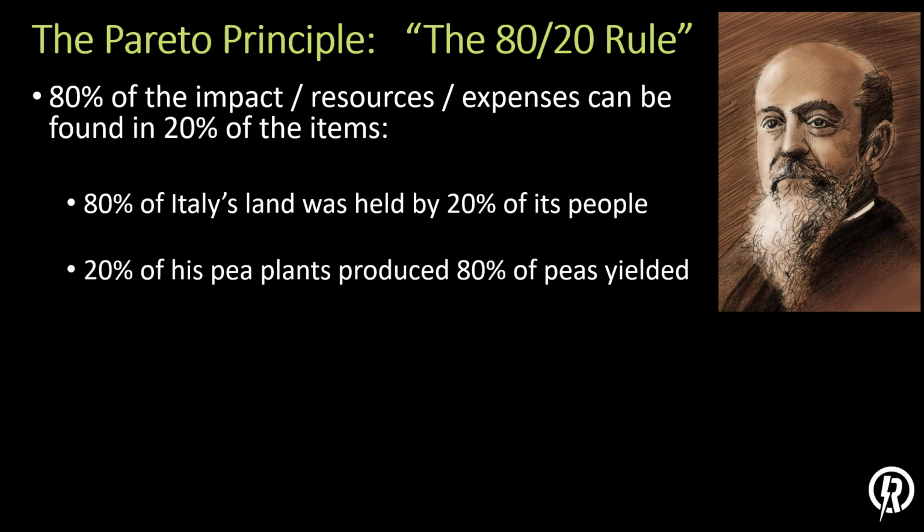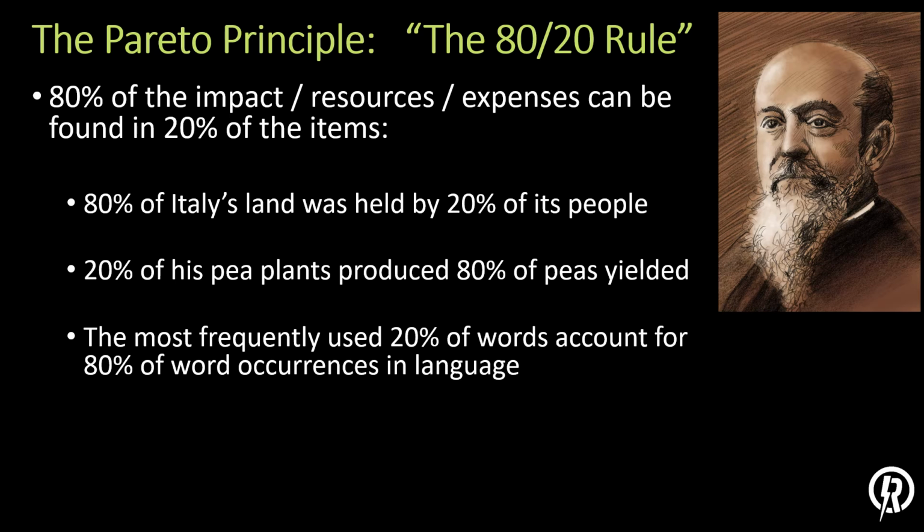And you know what? We see this rule or principle applied in all different places in life. 20% of his pea plants also produced 80% of the peas that yielded in his garden. And oh, by the way, this is a weird and interesting one: the most frequently used 20% of words account for 80% of the word occurrences in the language.